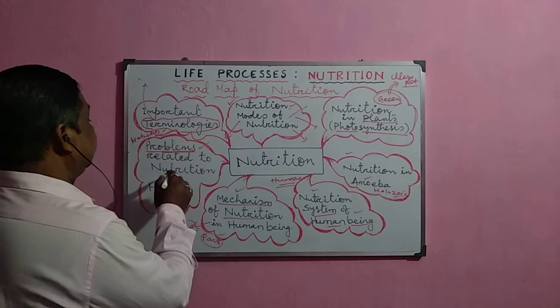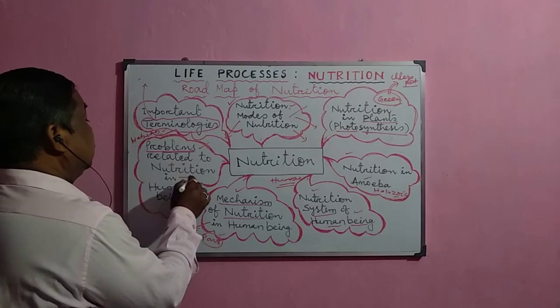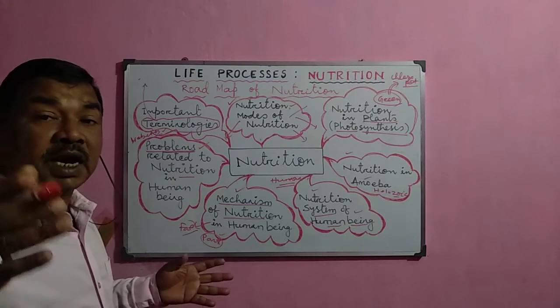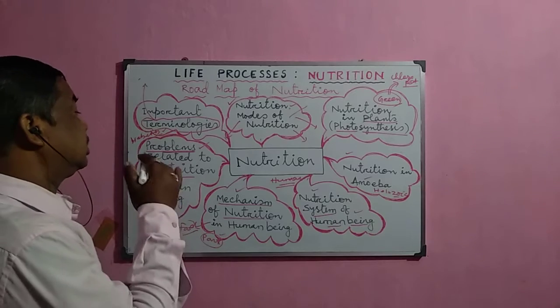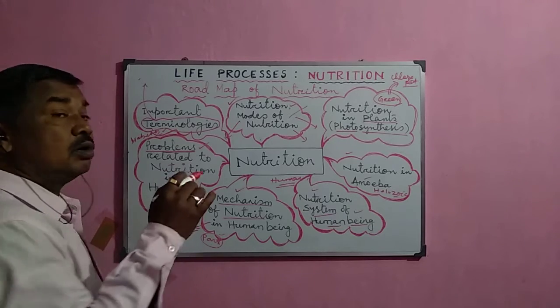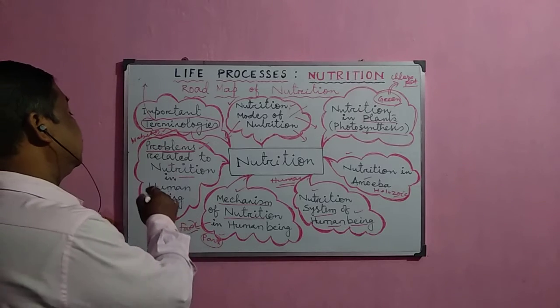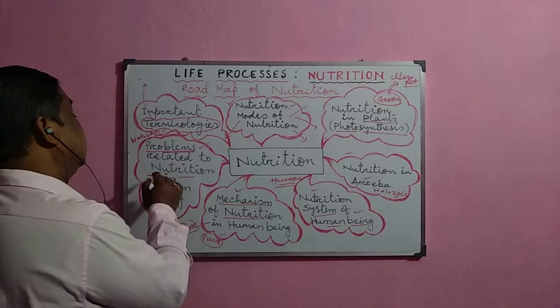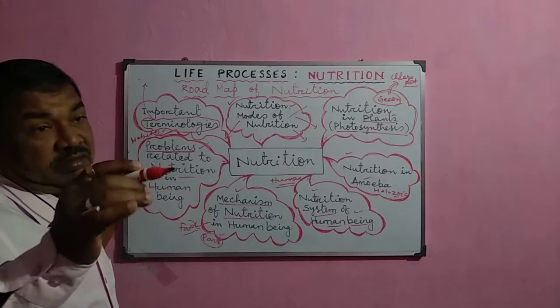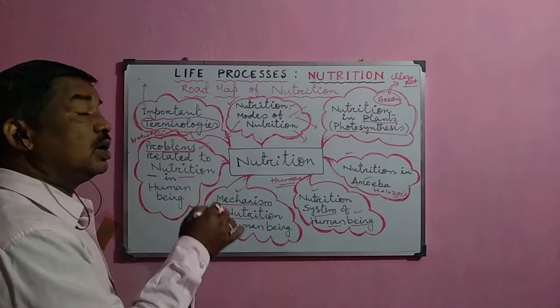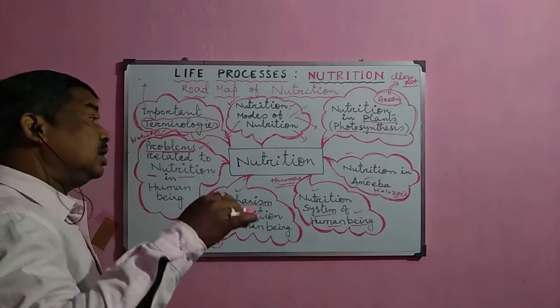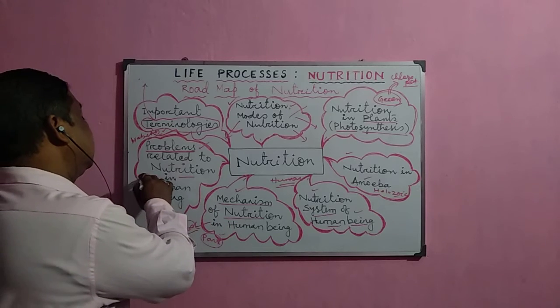And sometimes dental caries occurs. The teeth and tongue are also part of our nutrition system. And due to a problem in the teeth, that is the dental caries, how does it occur, what bacteria are actually involved with this, and how do they cause the problem with the teeth?